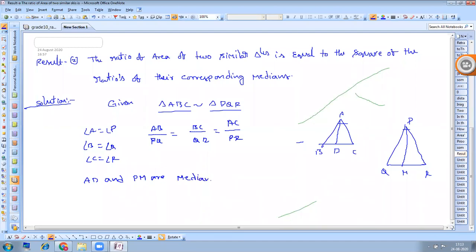What is the meaning of median, guys? It divides the side into two equal halves. Correct. What do you have to prove? Area of triangle ABC divided by area of triangle PQR will be equal to the square of their medians, AD by PM whole square. This is what we have to prove.